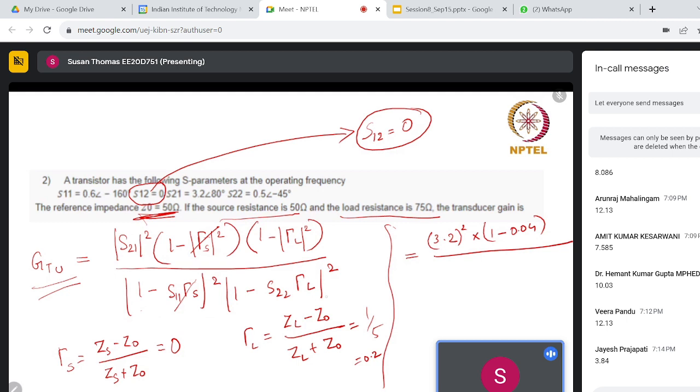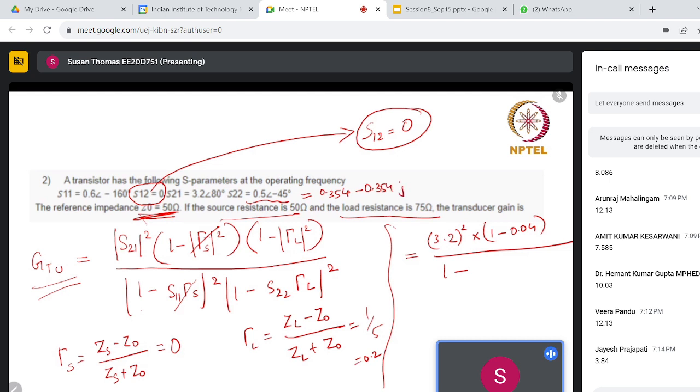The second term, if you notice, is 1 minus S22 into gamma L. S22 is in polar form, 0.5 angle minus 45. So that has to be converted to a rectangular form. When you convert this to a rectangular form, it becomes 0.354 minus 0.354J.